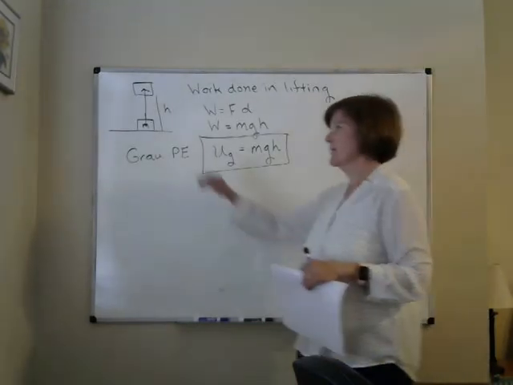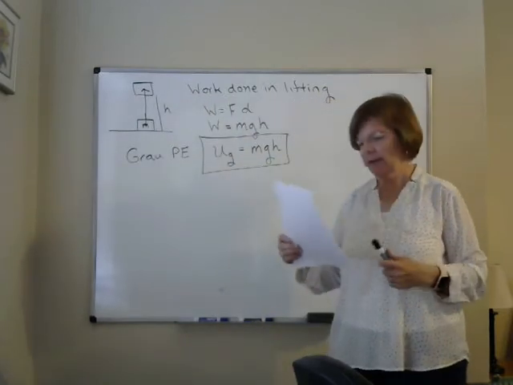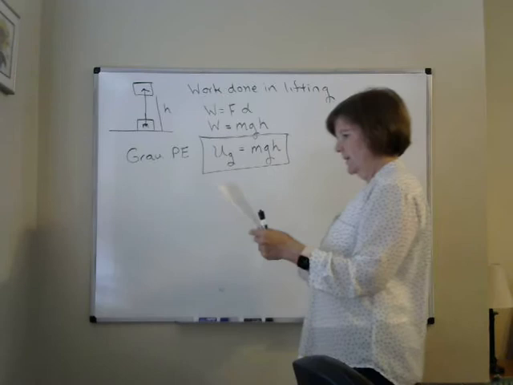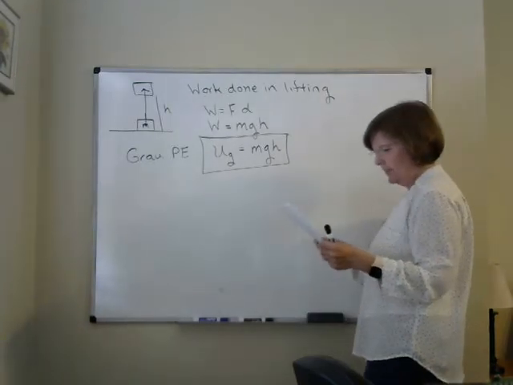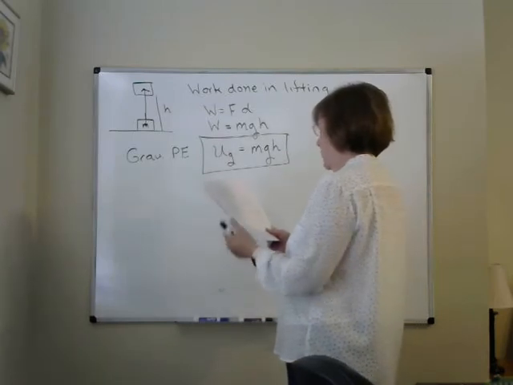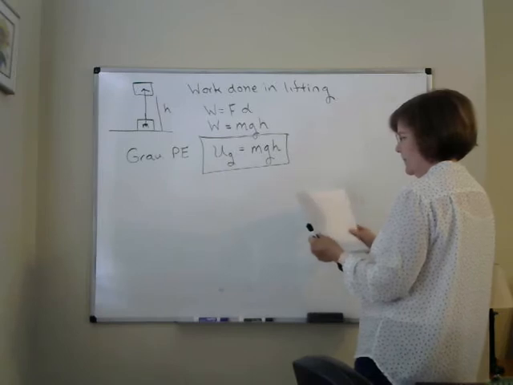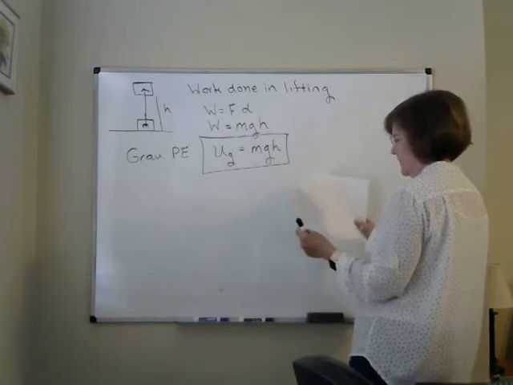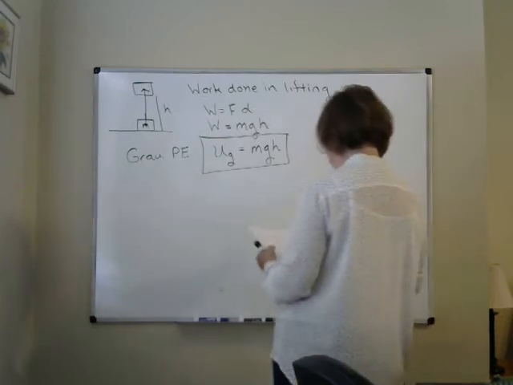However, in this case, if I'm lifting from here to here, the amount of potential energy that I gave it is equal to mgh. And this energy is stored, and it's later going to be able to do work. Let's think about this.